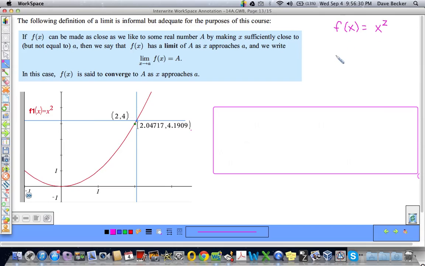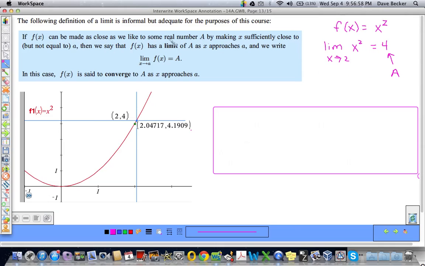We were finding the limit as x approaches 2 of x squared, and we found that that was equal to 4. Well, that is the capital A that we're talking about. The value of the function was getting closer and closer to 4.